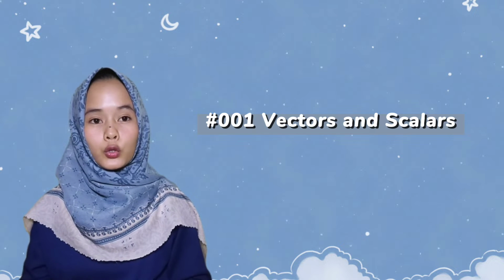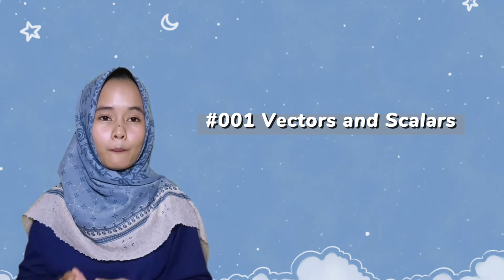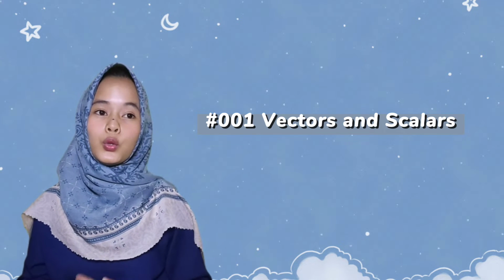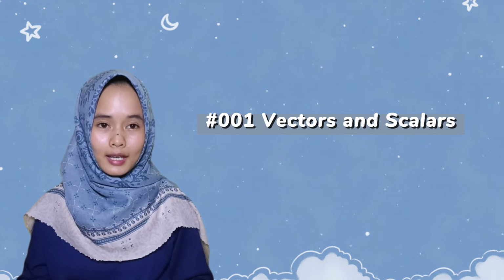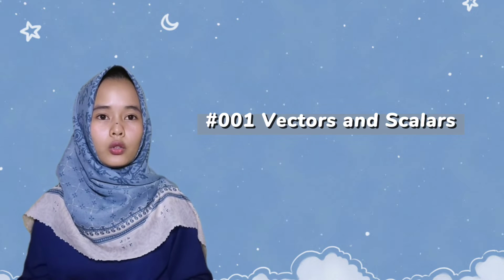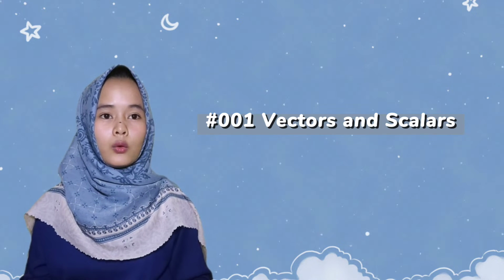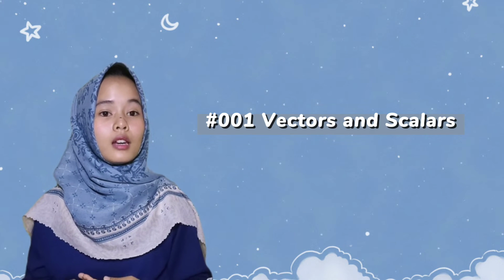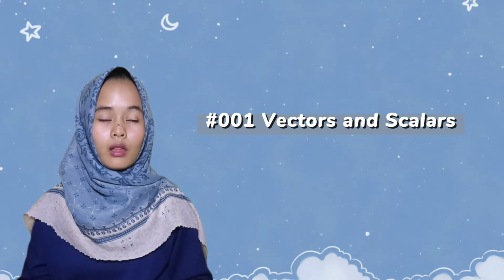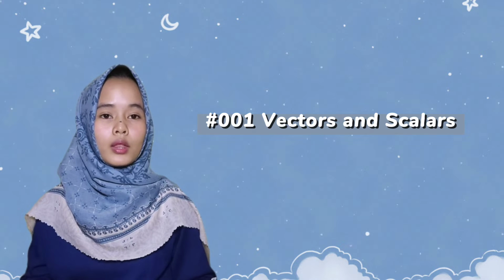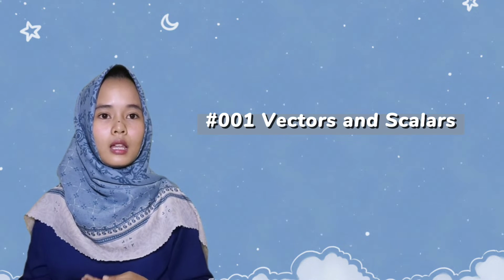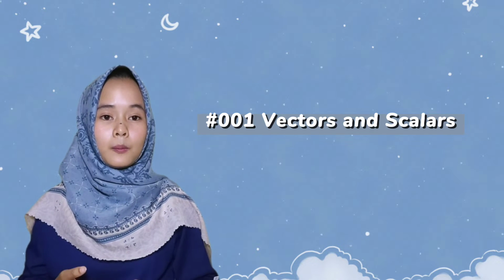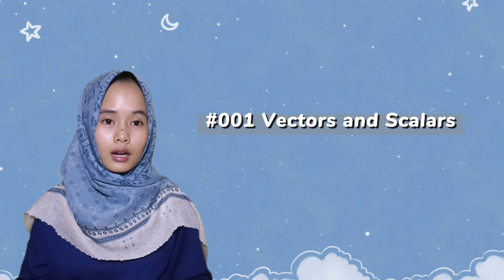Temperature, pressure, energy, mass, and time, for example, do not point in the spatial sense. We call such quantities scalars, and we deal with them by the rules of ordinary algebra. A single value with a unit, such as a temperature of 40 degrees Fahrenheit, specifies a scalar.